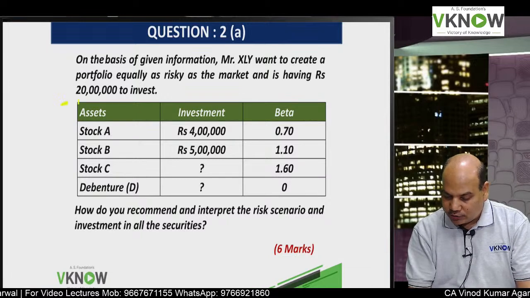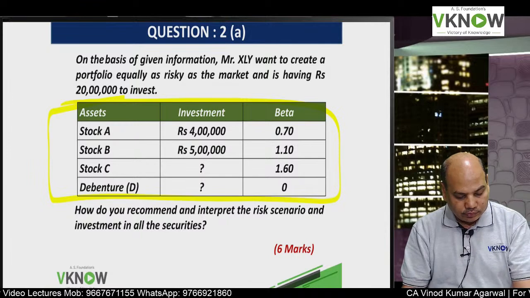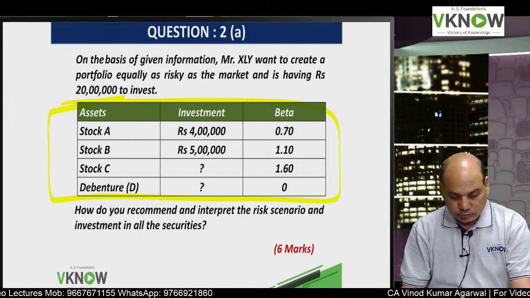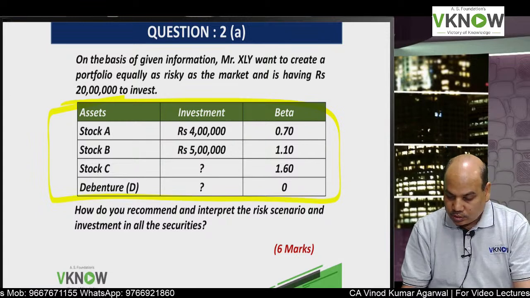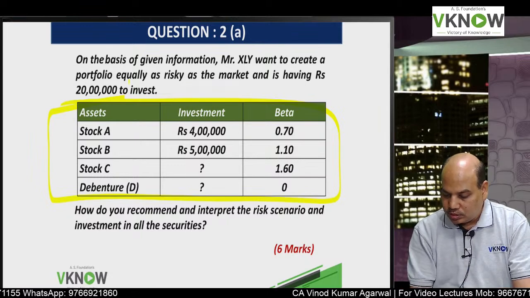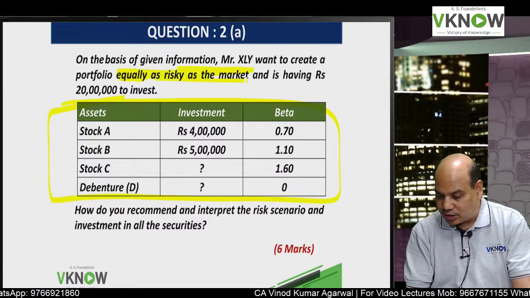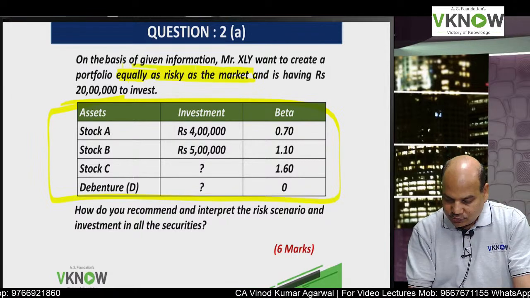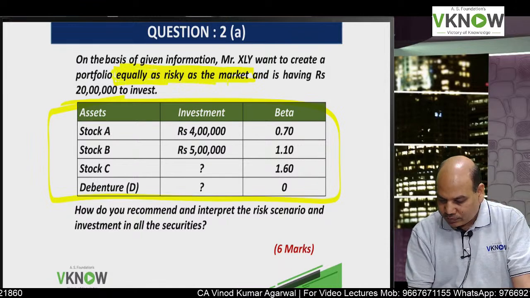This is another interesting question. Let us solve. On the basis of the given information, Mr. XLY wants to create a portfolio equally as risky as the market. Underline this, it contains a hint.